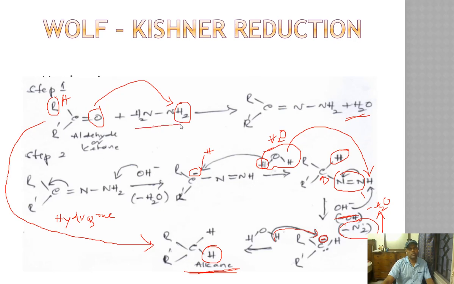You have to use the hydrazine at the first position, and in the first step you are going to get the hydrazone, and again you are using potassium hydroxide, and using potassium hydroxide you are converting the hydrazone into the alkane, right? So that is the mechanism of the reaction.